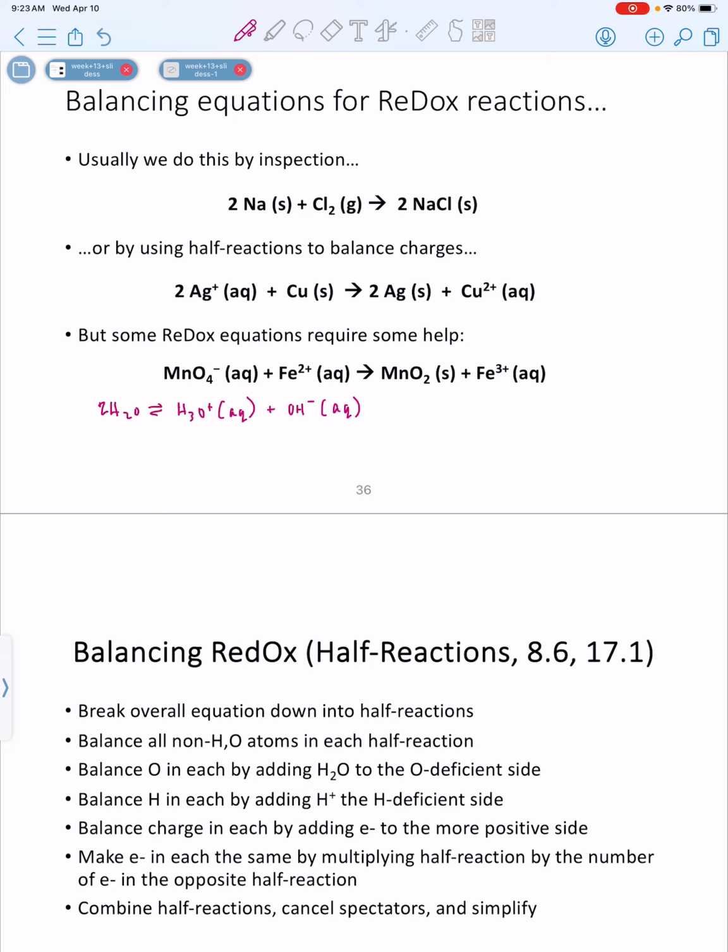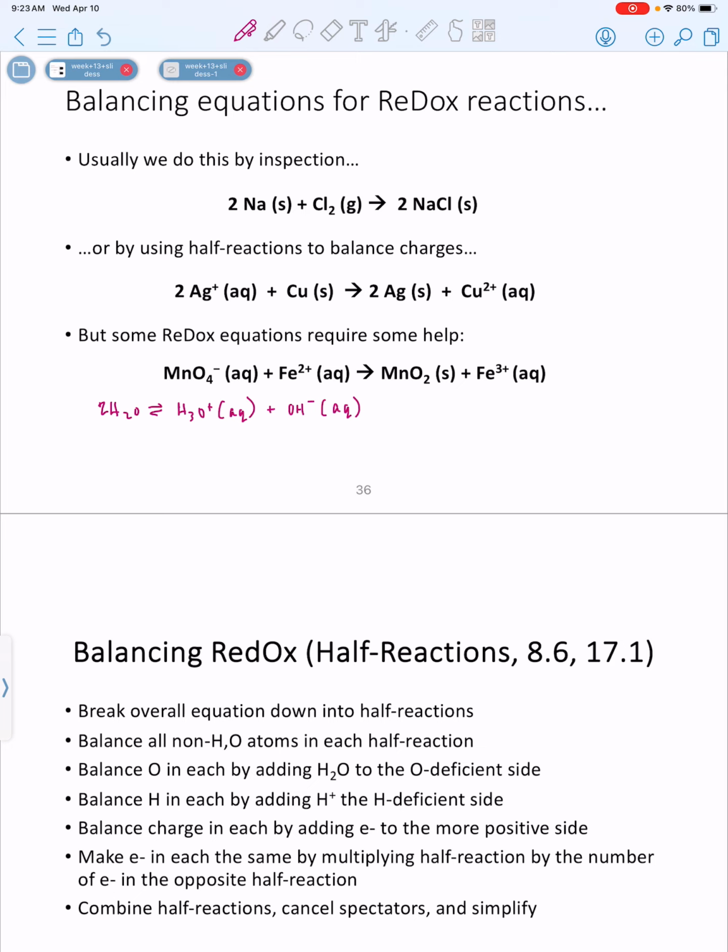Right? So, took the equation, broke it down into its parts, identified the number of electrons, made the electrons the same so that it would balance, and then put them back together. All we're going to do in this process is add water into that mixture, right? And how water impacts how those parts come together.